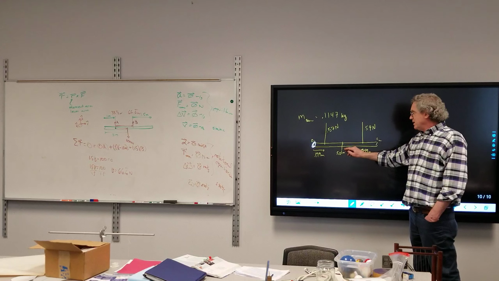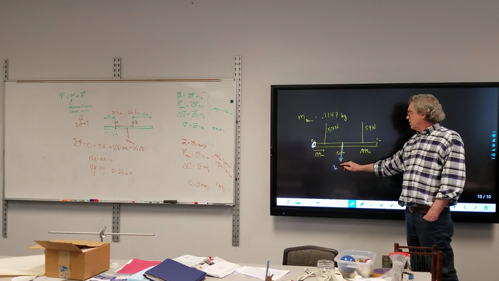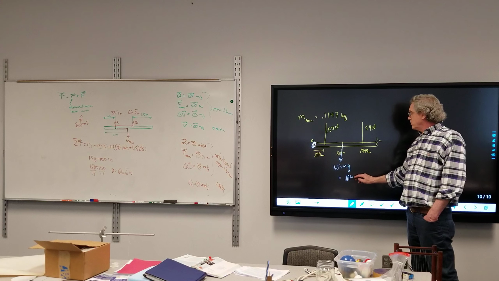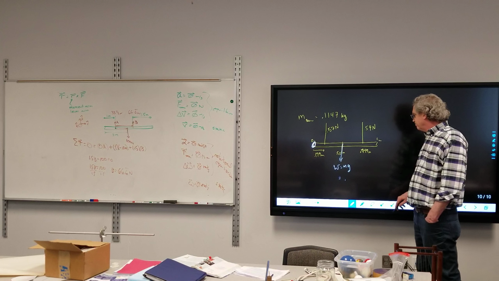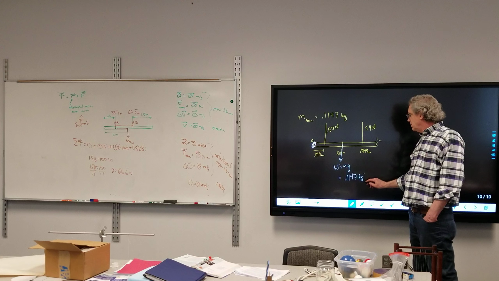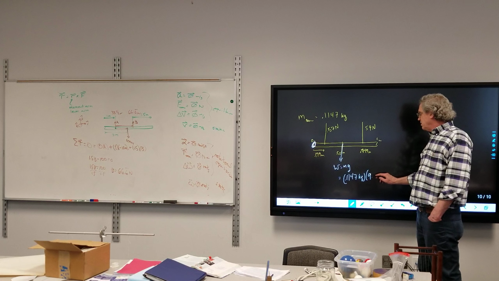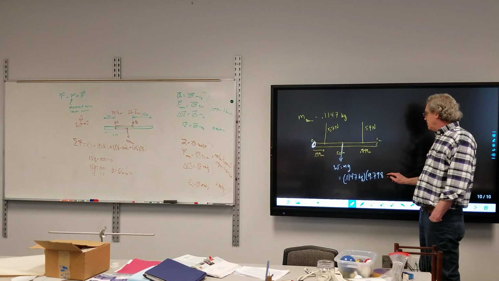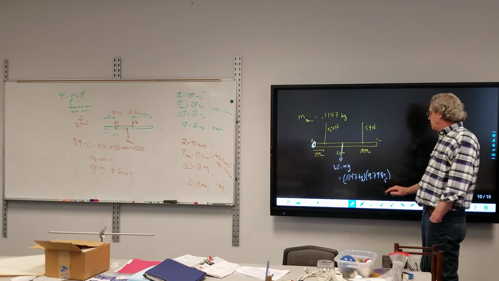I have a weight acting down, W equals mg, 0.1147 kilograms, times, since we're pretending to be a lab, 9.798 meters per second squared.